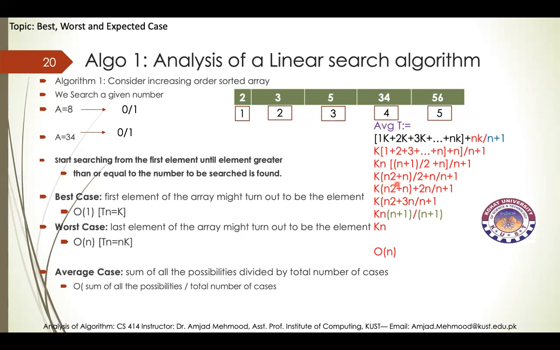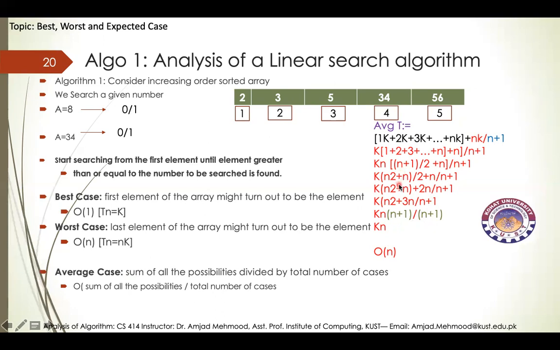If you equate all this, you will come up with n squared plus 3, and 2 and 3 are constants. But if you come to the last term, n plus 1 and n plus 1 will cancel, and you have kn, and this is also big O of n, constant time of n.